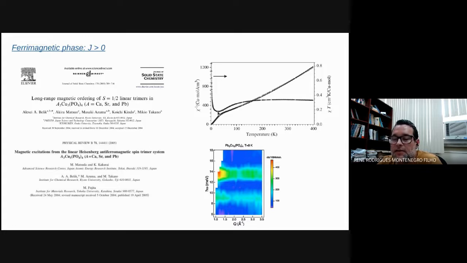And in this other paper, the same group has made neutron scattering experiments on the system and has obtained two excitations. They are very flat.